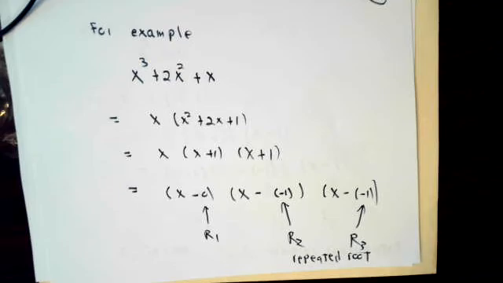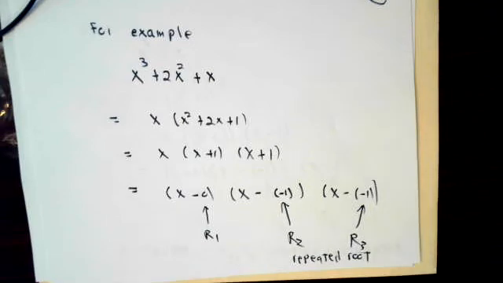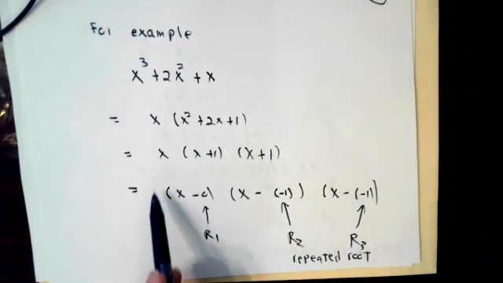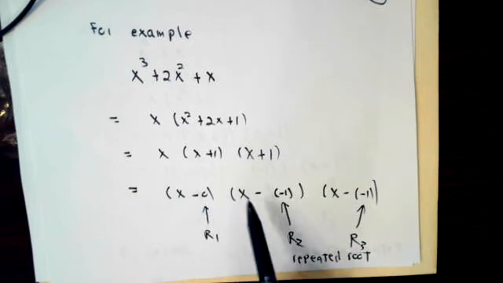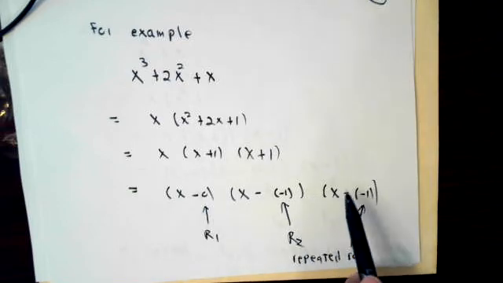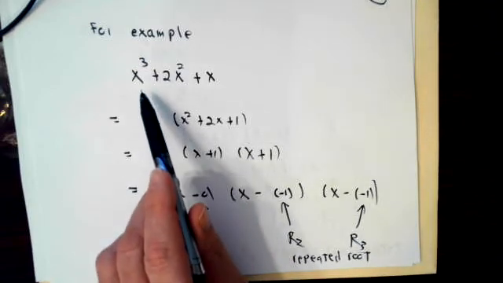So we see that it's possible to write this as a product of a constant, 1 in this case, times x minus something else, x minus something else. The 0 would be root number 1, and root number 2 and root number 3 are the same number. We see 3 factors because we had a cubic.